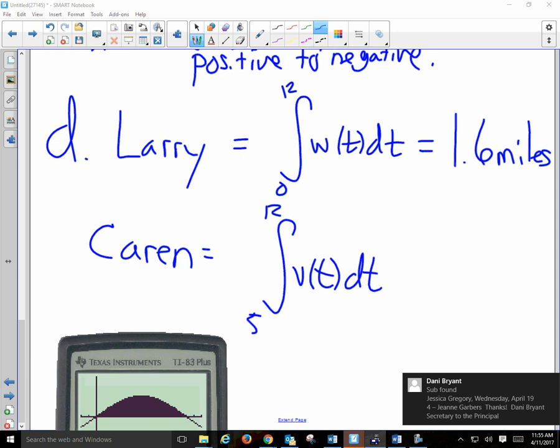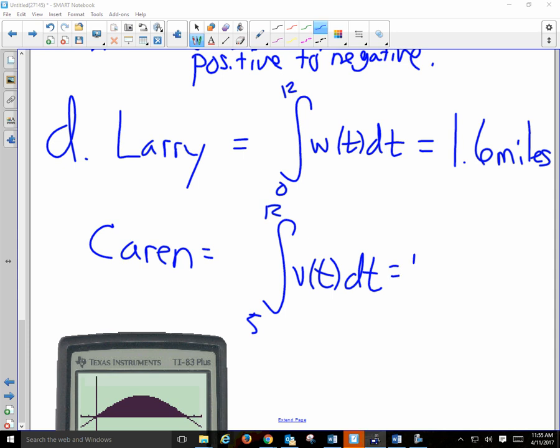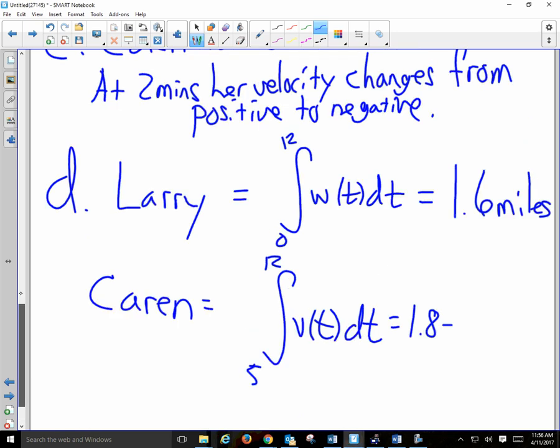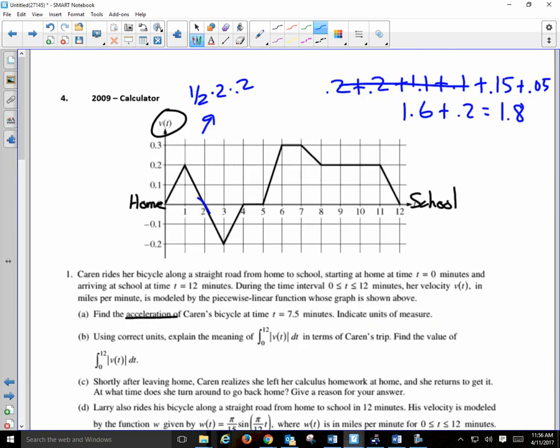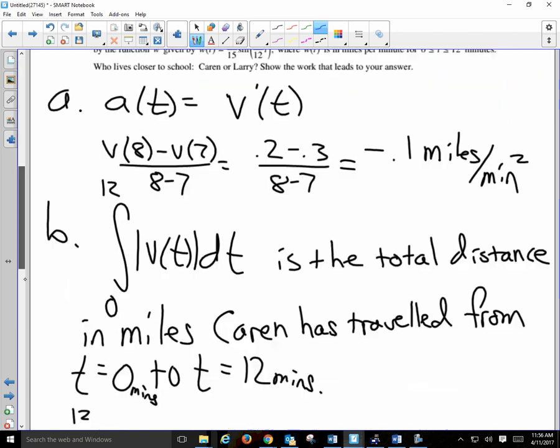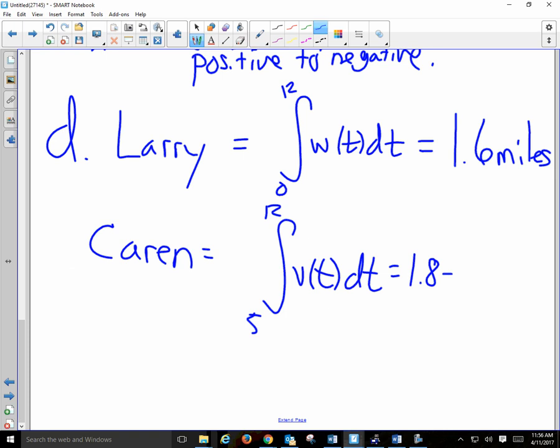What was her distance we came up with? 1.8, and what would we subtract off? We'd subtract off this amount and that amount, right? Because that's double of what she really traveled. So I'd subtract off 0.4, and I get 1.4 miles.